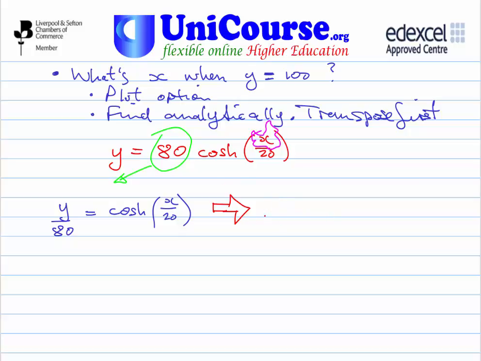Okay, let's do that. So cosh minus 1 of y over 80 equals the cosh minus 1 of what was on the right hand side, which was cosh x over 20. And by now, looking at how to obliterate functions, you hit them with their inverse.